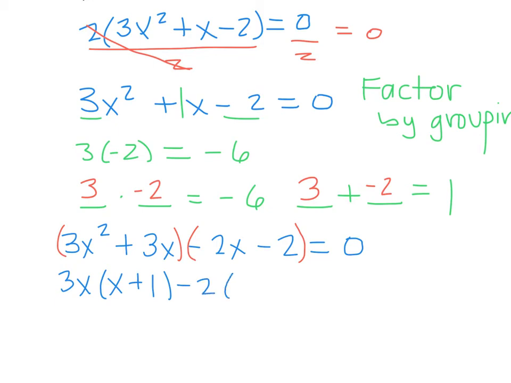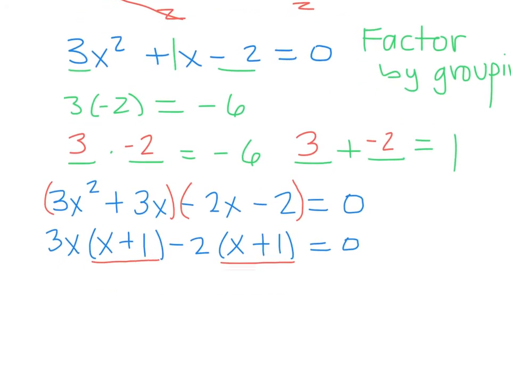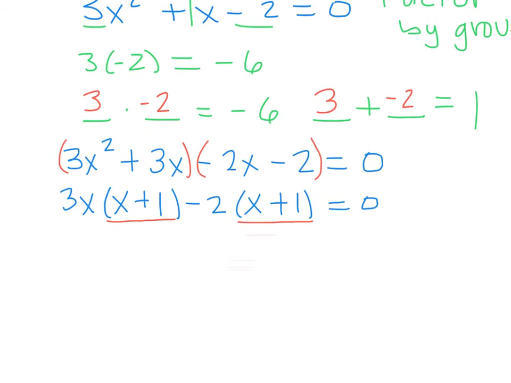And what we're left with on the inside is an x and a plus 1, which is what we would have expected because we want that same linear factor to show up in both groups. Okay, so that linear factor comes out in front, so we get that x plus 1. And then we write down what we have left over. So we've got a 3x here and a minus 2x here.